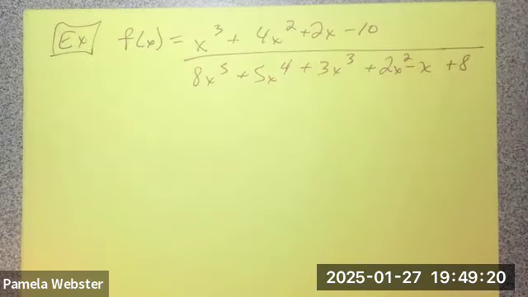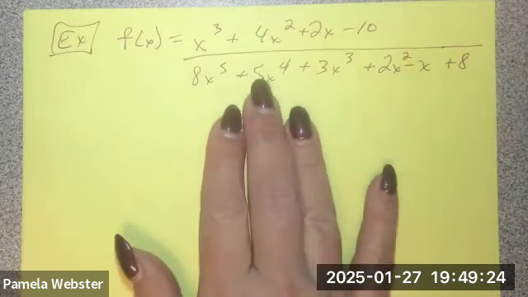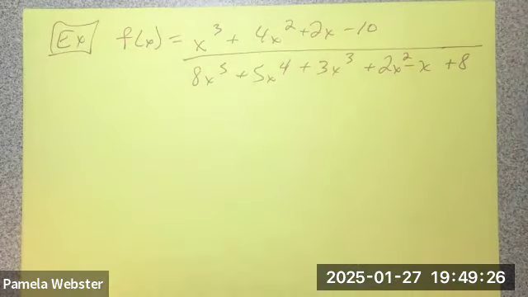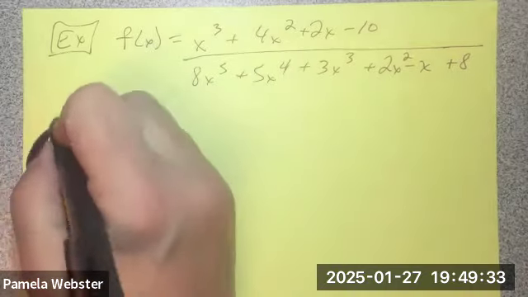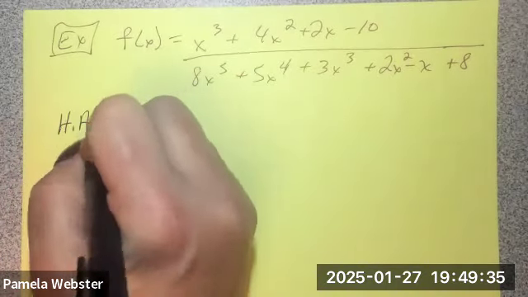That's what I mean by ugly. It's not pretty. And no way am I going to ask you to solve for x in the bottom, figure out what your vertical asymptotes are, right? It's just way too ugly. So I'm asking you for your horizontal asymptotes.